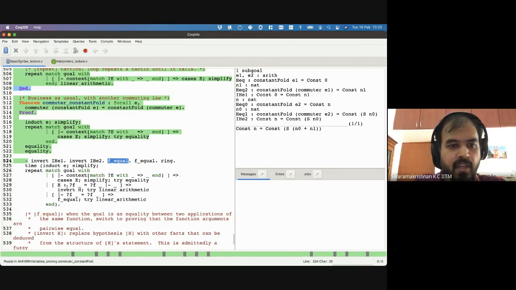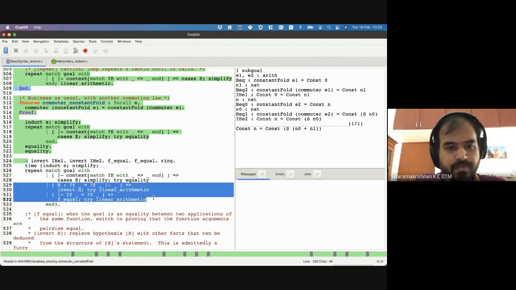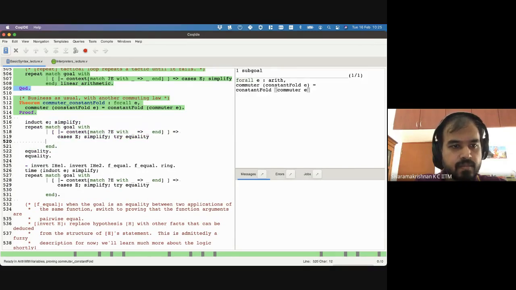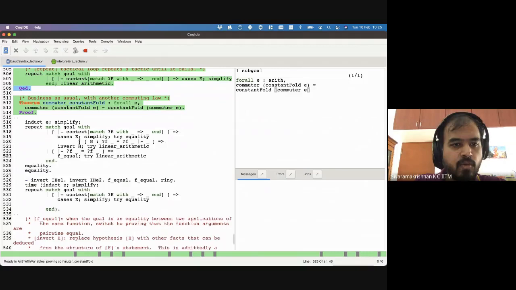For that, here are the two things that I copy over. So I've added two more cases to this repeated pattern match. What do I have? In the set of assumptions, this is on the left hand side of the turnstile, which means it is a set of assumptions.